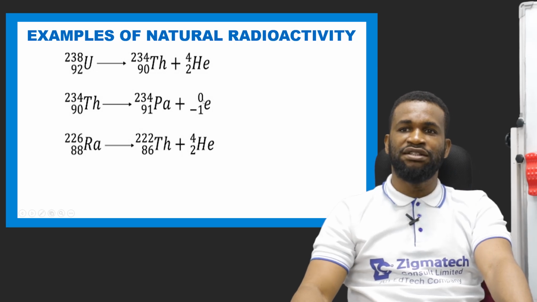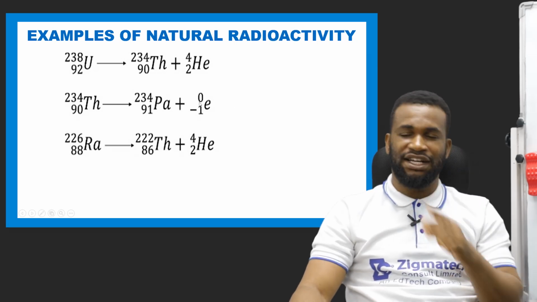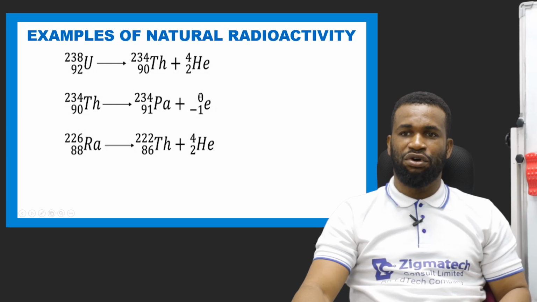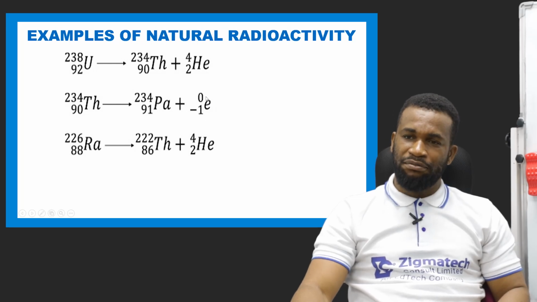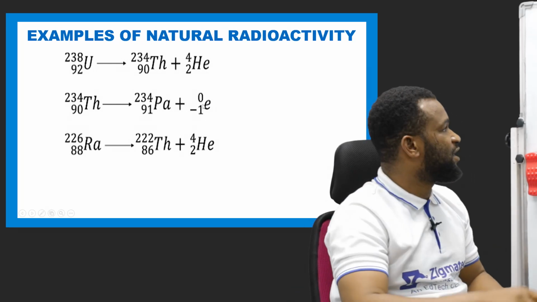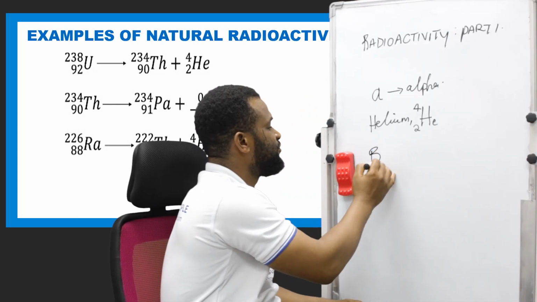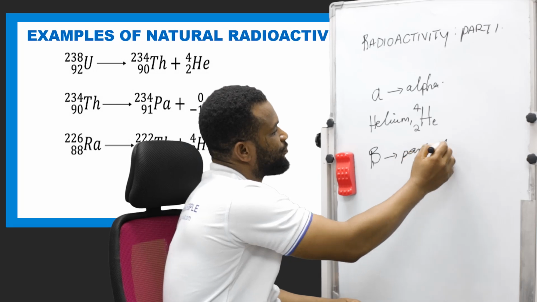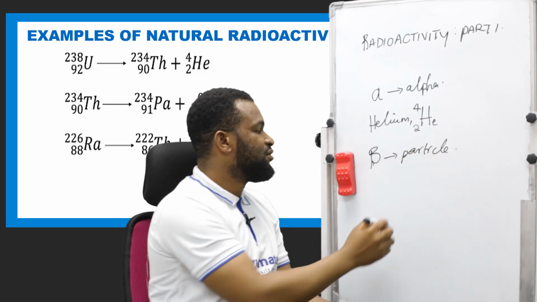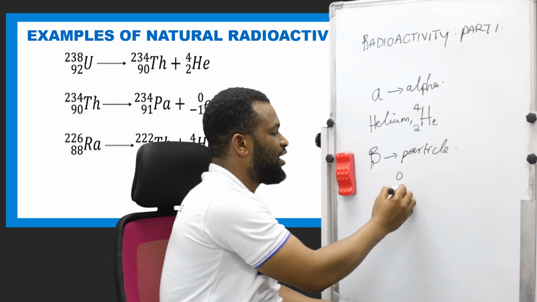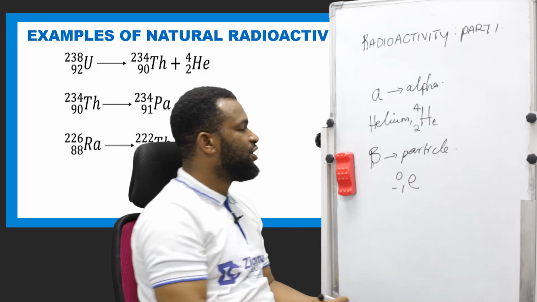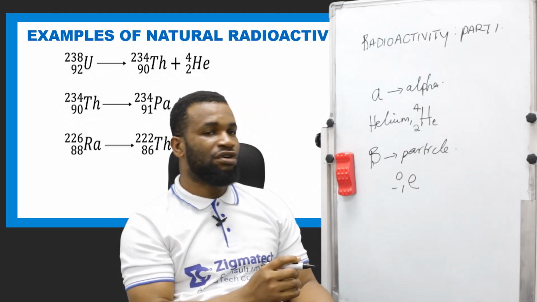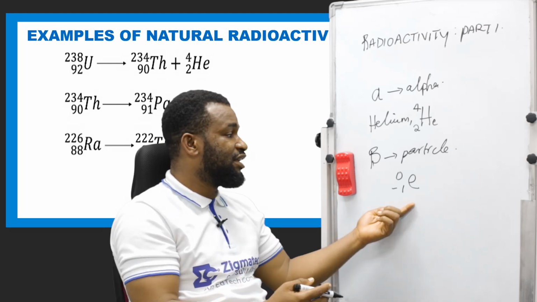Then thorium, look at this one. This is another kind of radioactivity, which is called beta particle. This is the beta particle, and it is 0 and -1, because at the time it was called beta particle, but we know now this is an electron.